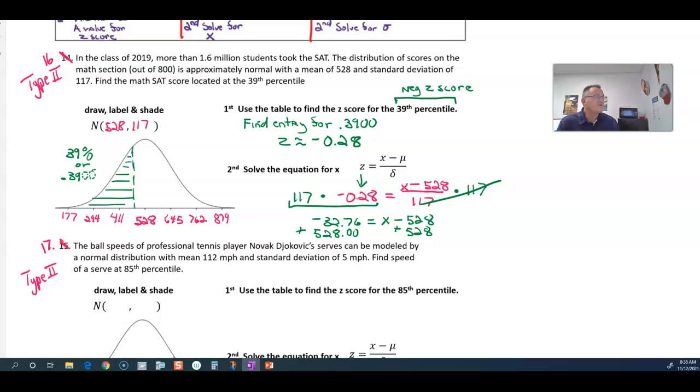Okay, 495.24. So roughly a 495 on the Math SAT falls at the 39th percentile.